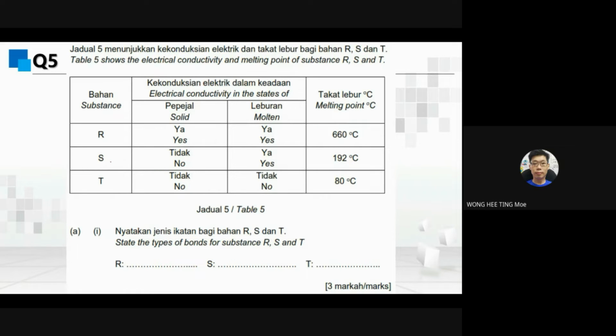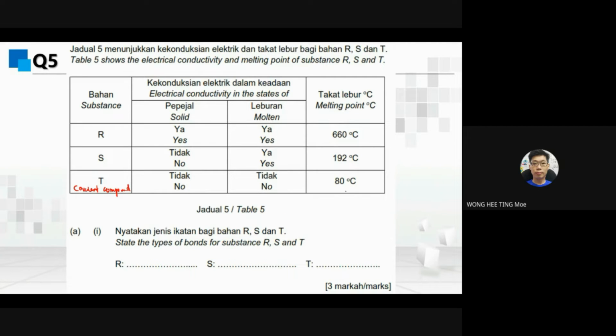So this one comes back to the concept just now. Which one is the covalent compound among R, S, T? We know T is covalent, with the lowest melting point and it does not conduct electricity. So this one is a covalent compound.